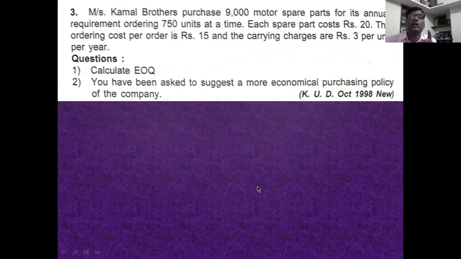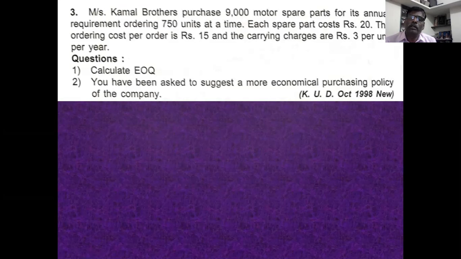This is called the reorder quantity. Present reorder quantity, 750. Each spare part costs 20 rupees. The ordering cost is 15 rupees per order and carrying cost per unit is 3 rupees per unit. Okay. Then the question is, you are asked to calculate EOQ, economic order quantity. Whether this 750 they are purchasing in one lot is the economic order quantity or not?